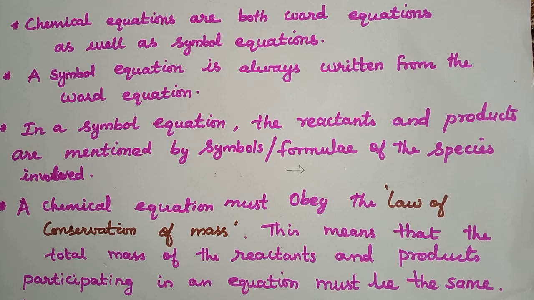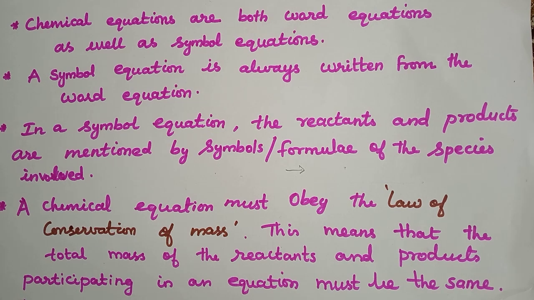Today we are going to learn about chemical reactions and their types. Before we start the class, shall we recall the previous class once? What did we learn last class? We learned about the observations to determine the occurrence of a chemical reaction.